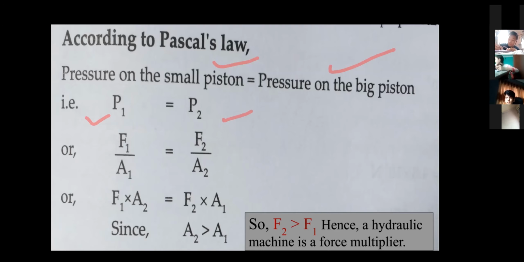Pascal's law means liquid pressure is equal everywhere. Right now we have assumed only two pressures, P1 and P2, and both must be equal. So by the law given by Blaise Pascal, called Pascal's law, pressure on small piston is equal to pressure on big piston.